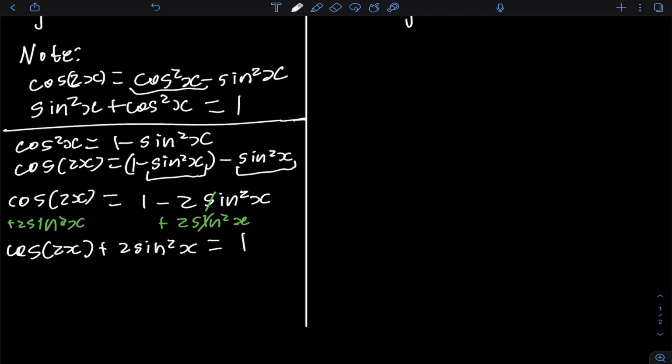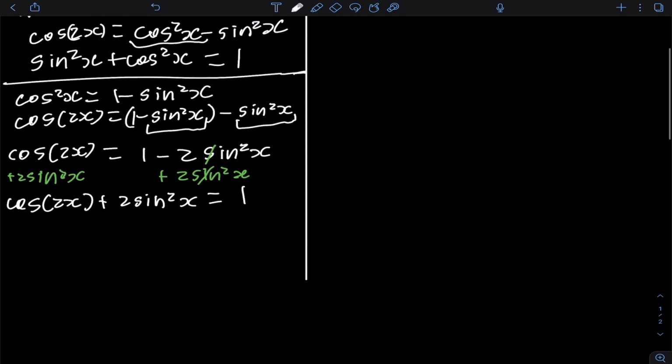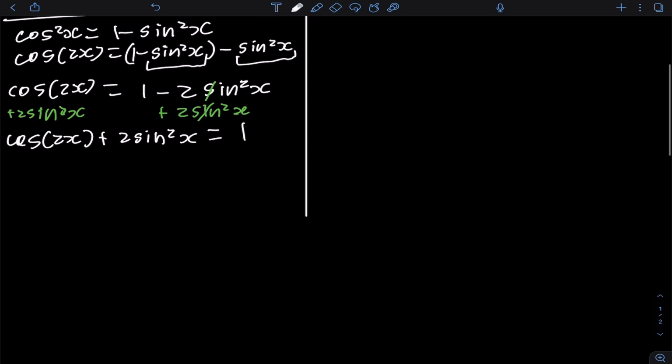So that is another cool identity. I don't know how useful that will be, but that is an identity, I guess. What we could also see is that if we subtract cosine 2x on both sides, this implies that 2 sine squared x is equal to 1 minus cosine of 2x.